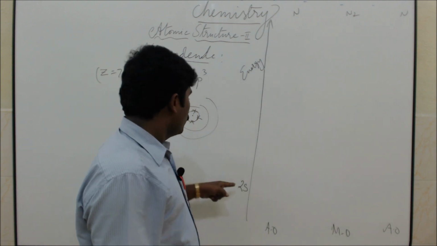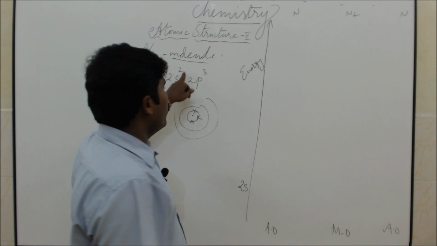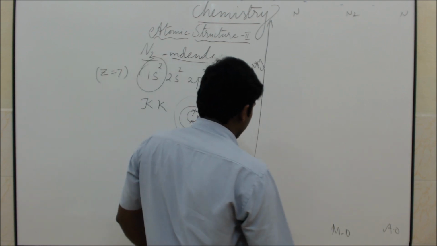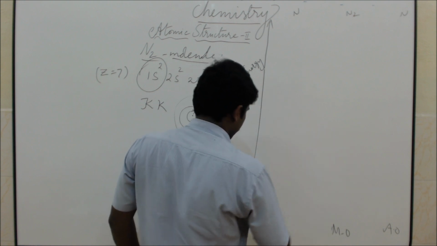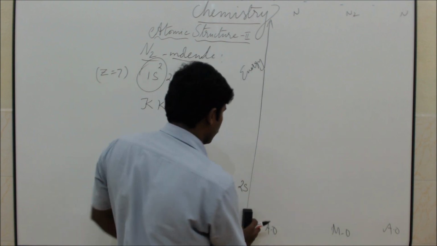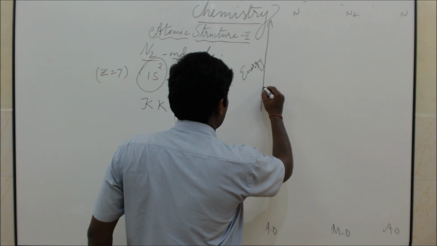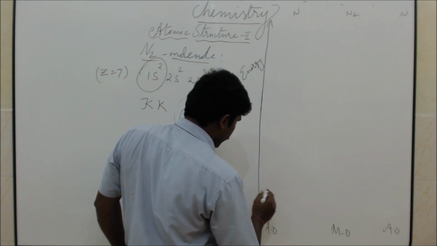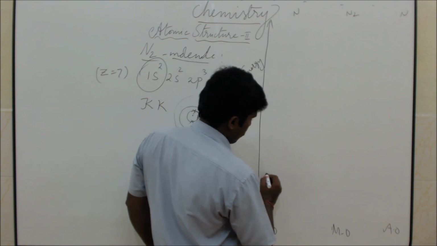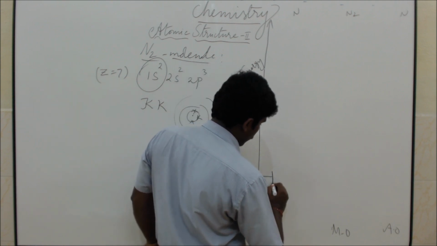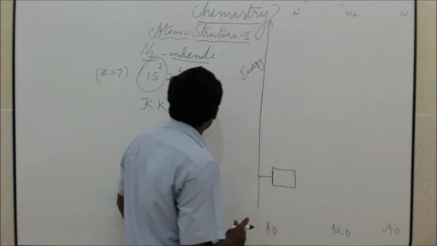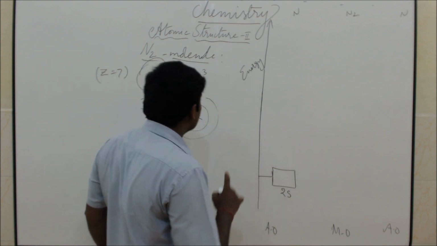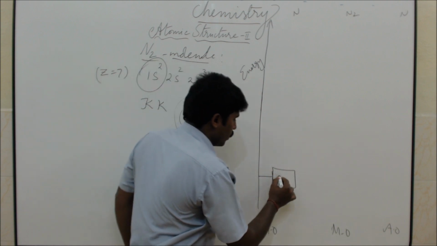Start from 2s. How many electrons do you have in 2s? 2 electrons. You know what an s orbital is. This is 2s, and you have 2 electrons.